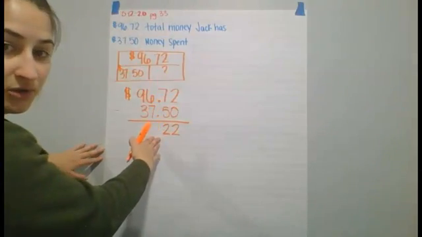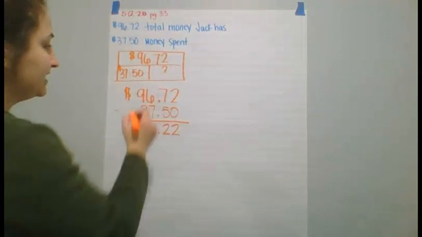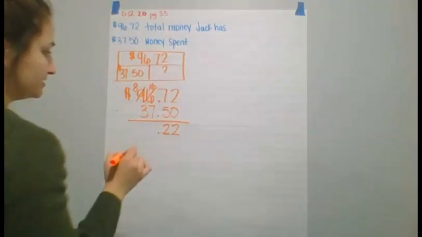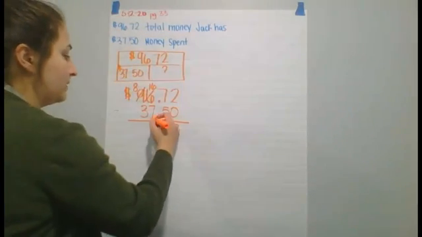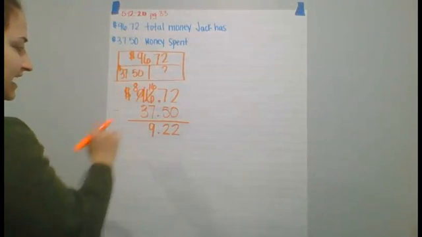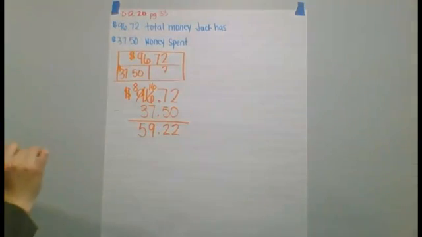Bring down your decimal straight down. We can't do 6 minus 7, so this 9 becomes an 8. The 6 becomes 16. So 16 minus 7 gives us 9. And then 8 minus 3 gives us 5.